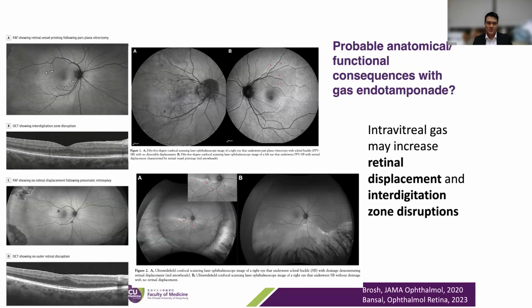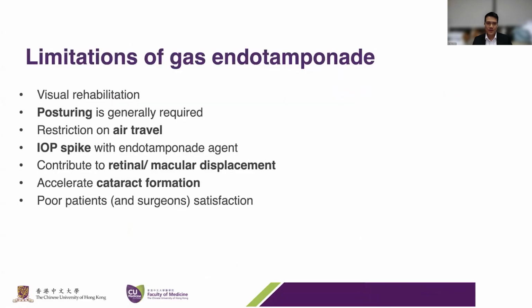We're also hoping to achieve high integrity retinal reattachment. In this study from a prominent group from Canada, they show that intravitreal gas may actually increase retinal displacement and also interdigitation zone disruptions compared to pneumatic displacement or compared to scleral buckling surgery.